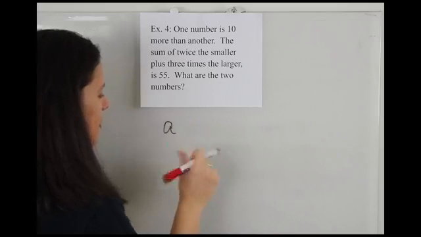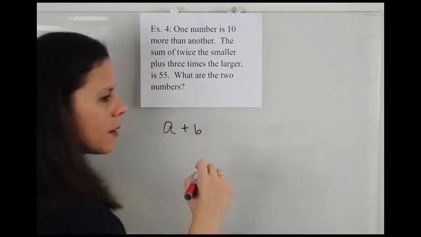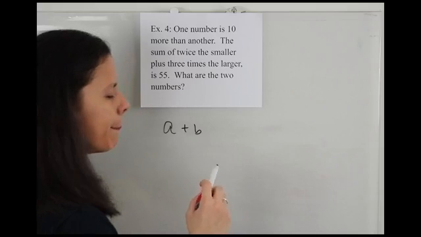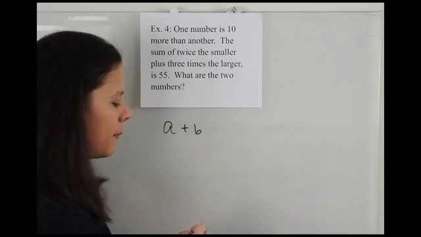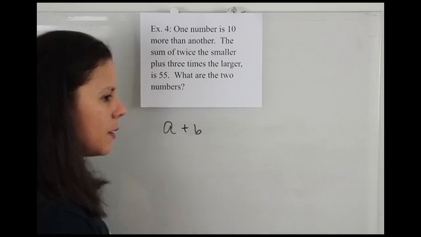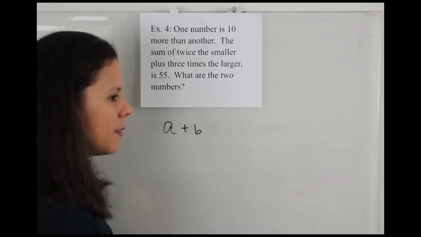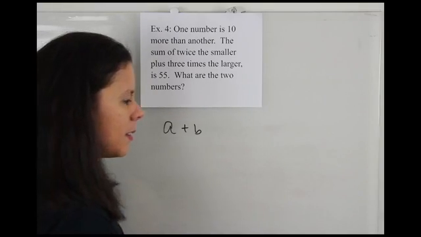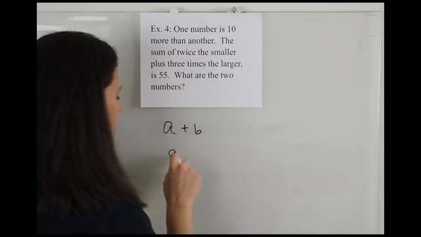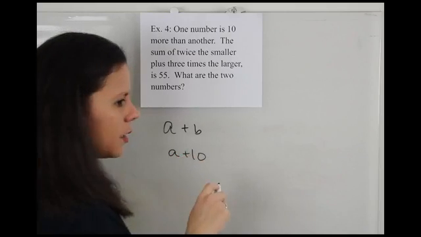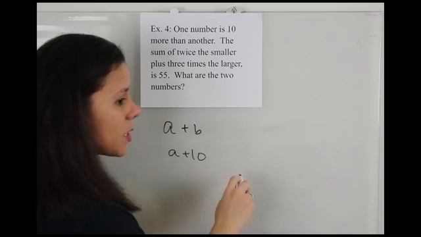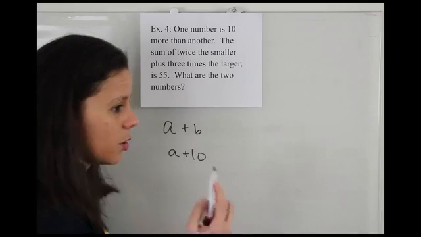So A plus B. A plus B what? Use one of the numbers and do plus 10. Okay, so A plus 10 is equal to? We have to have an equation. Something has to be equal to something, because otherwise we can't solve it.